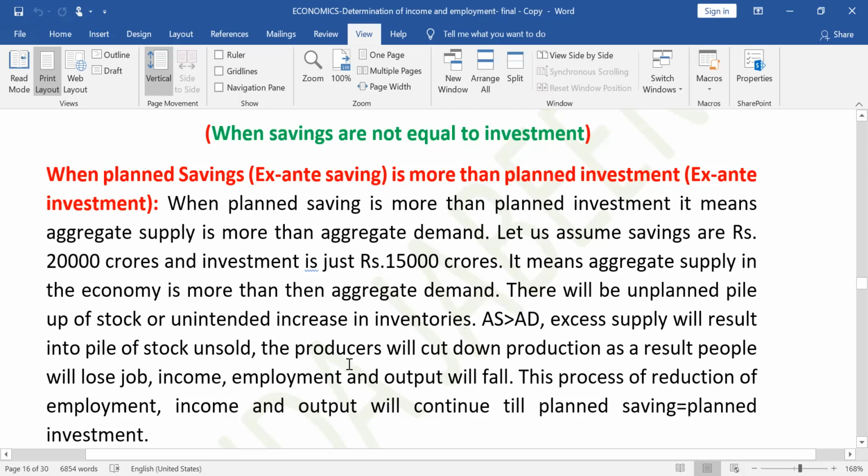Aggregate supply is more, some of the goods will not be sold, so the producers will incur loss and they will cut down production. They will remove people from jobs, people will lose their jobs, and income, employment, and output will all fall. This process will continue till it reaches a point where planned saving is equal to planned investment.